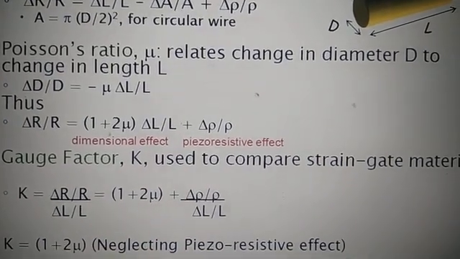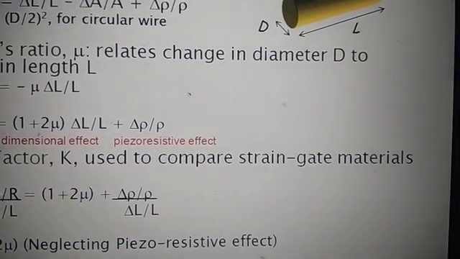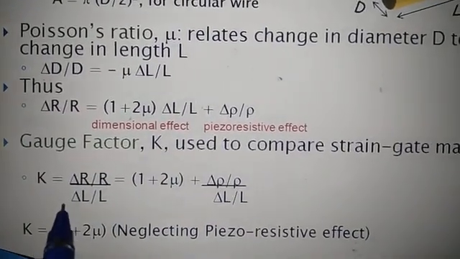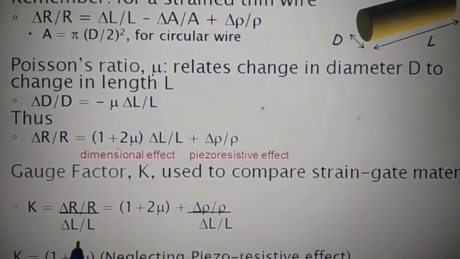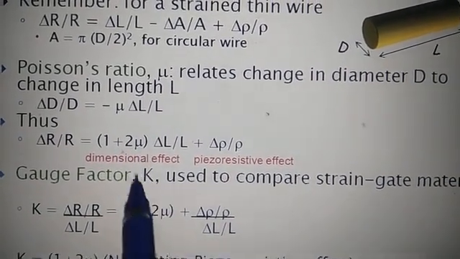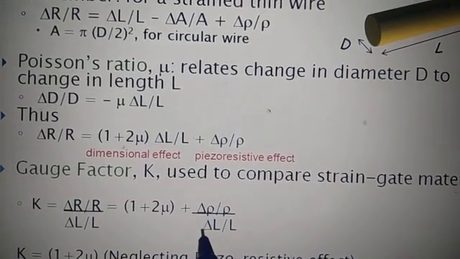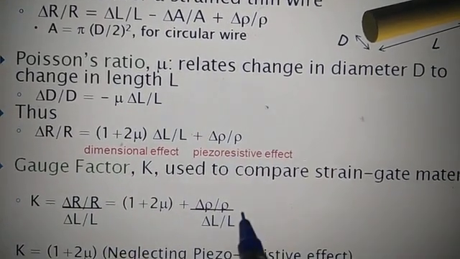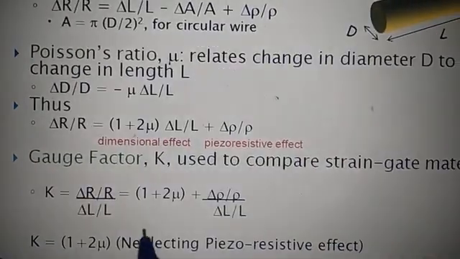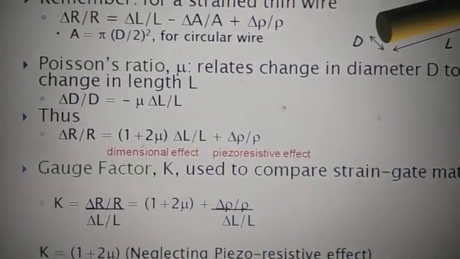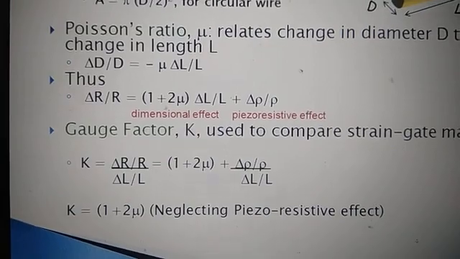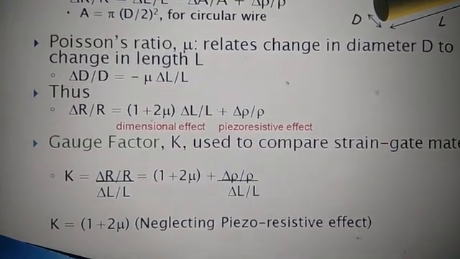And gauge factor K is used to compare strain gauge materials. K is equal to delta R by R upon delta L by L is equal to 1 plus 2 mu plus this delta rho by rho upon delta L by L. This can be modified and written in terms of gauge factor K, Poisson's ratio, resistivity and length.